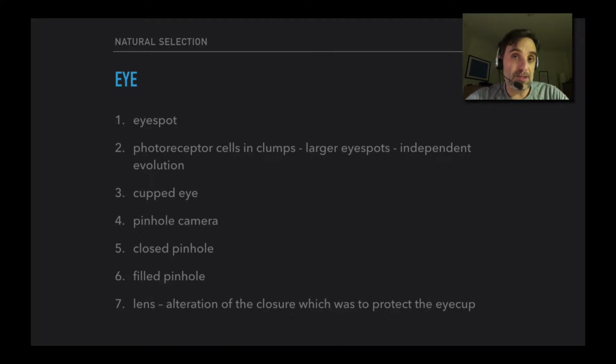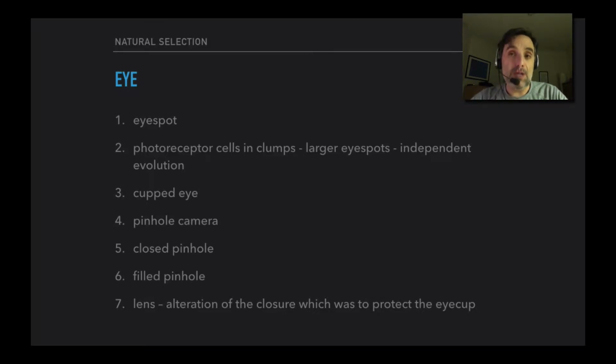So there are some light sensitive cells on the surface of the organism's skin, and it turns out that there's some variation in how clustered the photoreceptors are, how clustered the light sensitive cells are, and there's some variation from parent to child. So when one of these organisms has more of the light sensitive clusters, they're more likely to survive, it turns out.